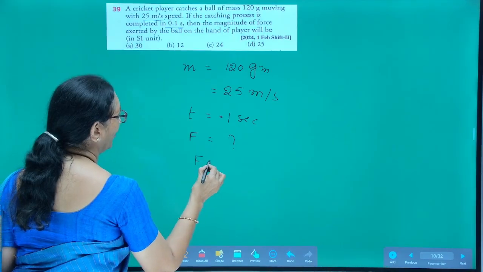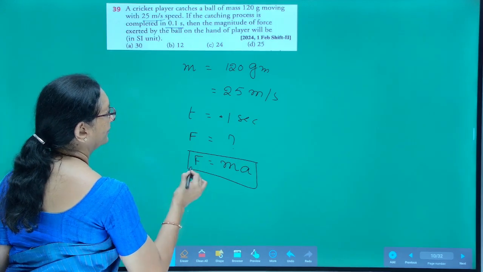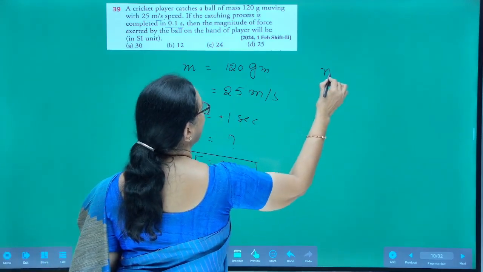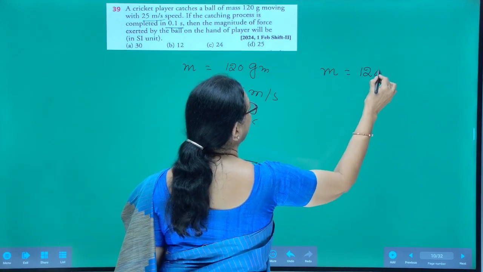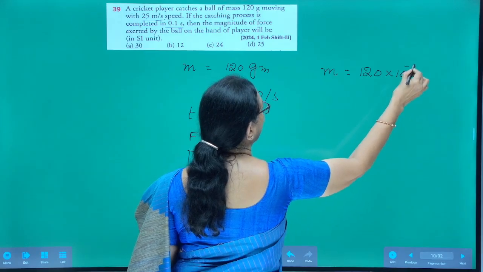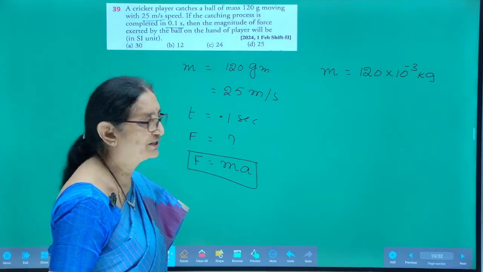So, very obviously F is equal to ma, right? Here mass is given in grams, it has to be converted into kg. 1 gram is 10 to the power of minus 3 kg.